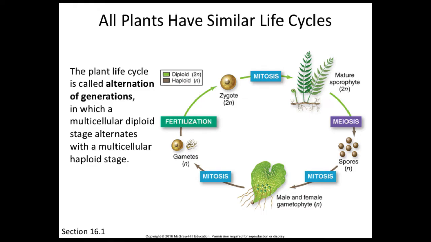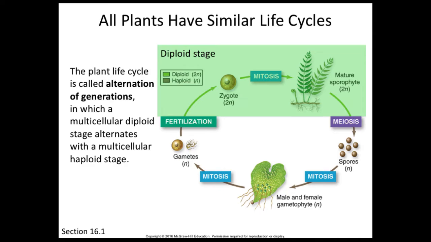And remember, diploid cells are those cells that have 2 sets of chromosomes per cell. In plants, diploid cells are going to make up most of the cells of the plant's body. Haploid cells are going to be those cells that only have 1 set of chromosomes per cell. Those haploid cells are going to include both the spores and the gametes.